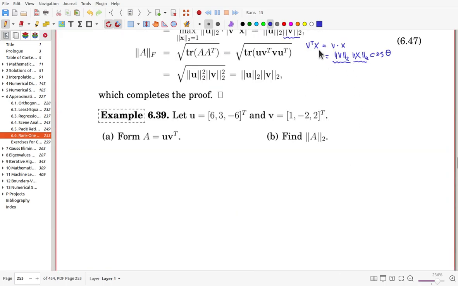That dot product is bounded by the product of this one and that one, and cosine theta is 1.